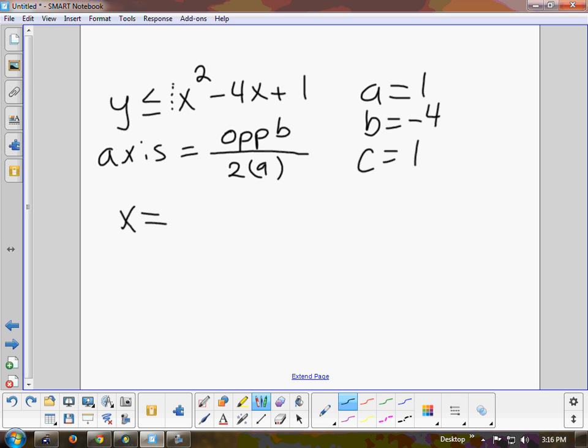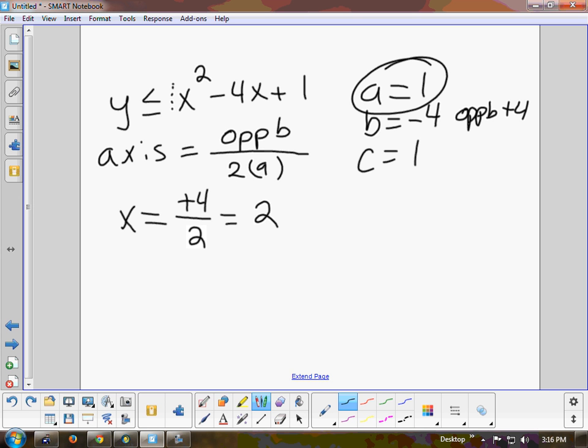X equals the opposite of B. Well, if B is negative 4, the opposite of B is plus 4. So we put a plus 4 here over 2 times the A value. So that's going to be 2 times 1, which is 2. So what is our axis? 4 divided by 2 is, yes, 2. Good. All right, so now you have your axis.